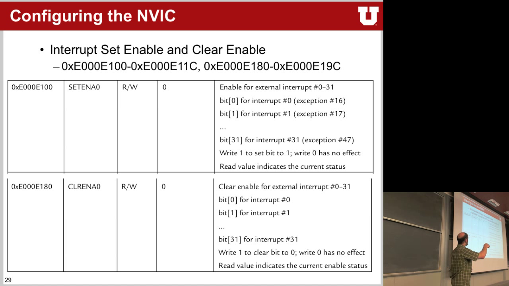This way, you just set one of the bits to 1, bam, it gets enabled, and only that particular interrupt; the others will be left alone. And if you read the register, you will actually see which ones are enabled. Same for the clear. You can write into the clear register and just disable that one particular interrupt that you don't want to listen to anymore.